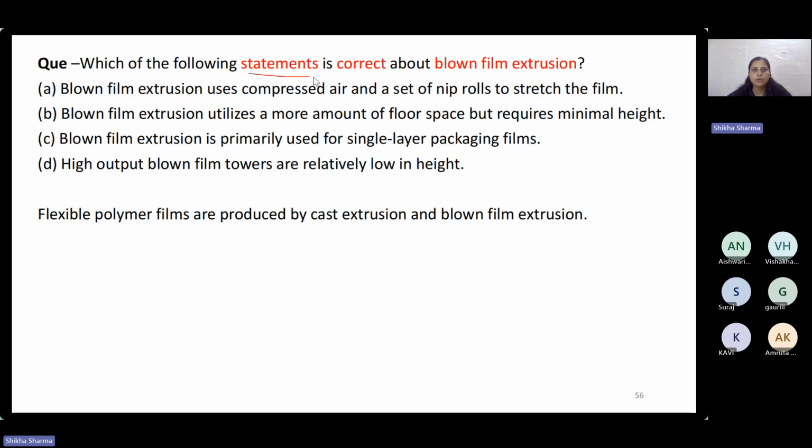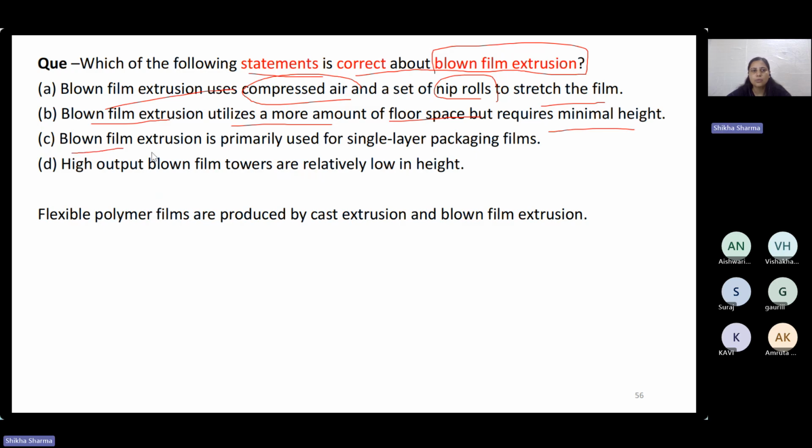Okay. Which of the following statements is correct about blown film extrusion? A. Blown film extrusion uses compressed air and a set of nip rolls to stretch the film. B. Blown film extrusion utilizes a large amount of floor space but requires minimal height.